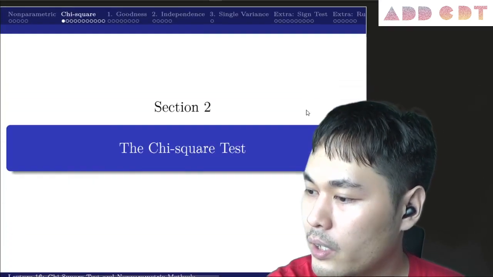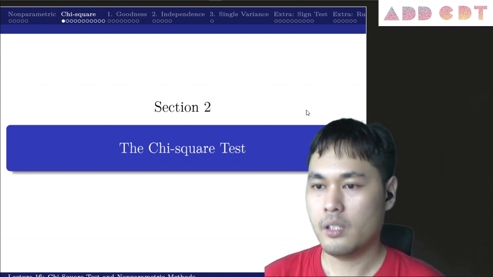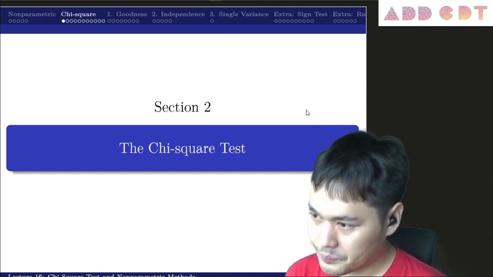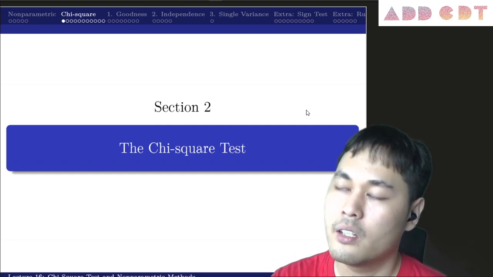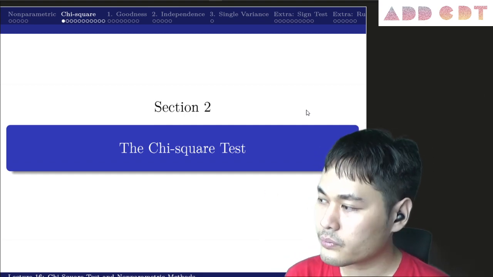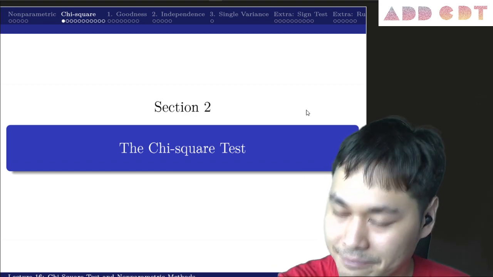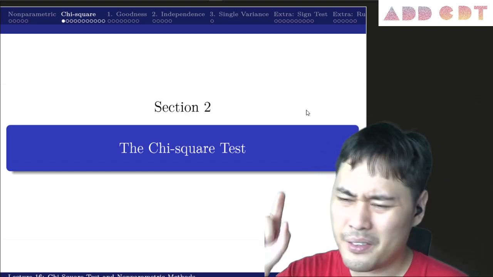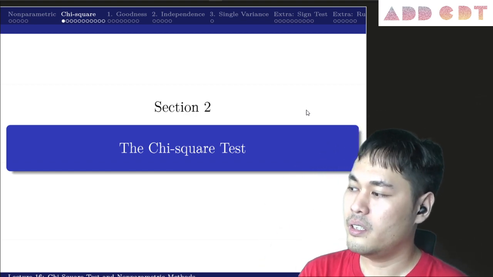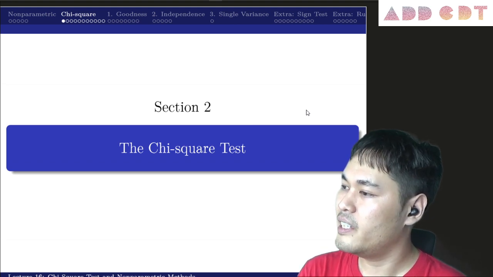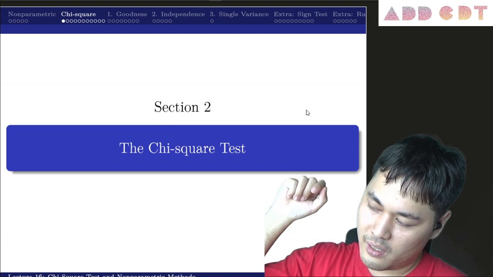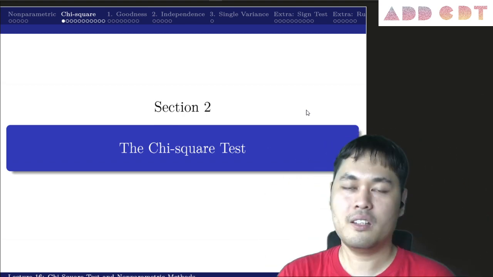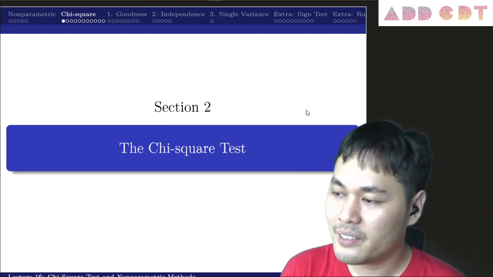So let's go ahead and look at what new thing it is. It has a name. This test is one of the non-parametric methods. And this is more common. This is actually the more general way of thinking when you have to deal with data.